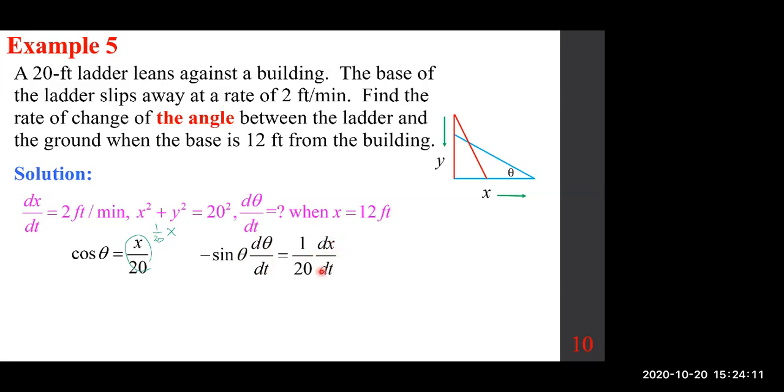Okay, so when we look at this, we see we have everything except sine theta, because we have dx/dt, right? So what is sine theta? I have mentioned sine theta is y over the hypotenuse. We have already calculated y to be 16 from the previous page.